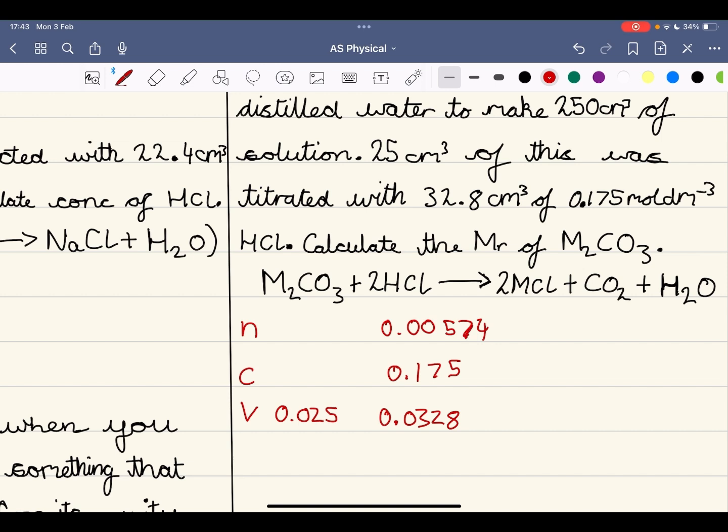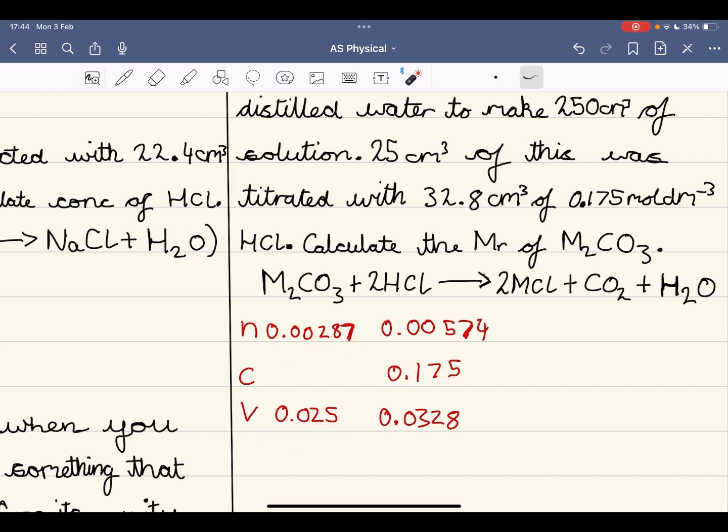And then from the molar ratios, I can just do 0.00574 divided by 2, and I get that the moles of M2CO3 is 0.00287. Okay, so now I know how many moles are in 25 centimeters cubed, right?